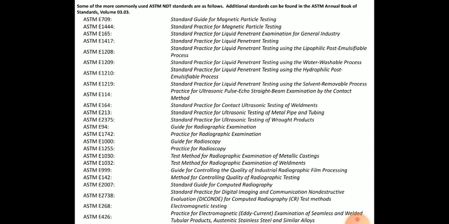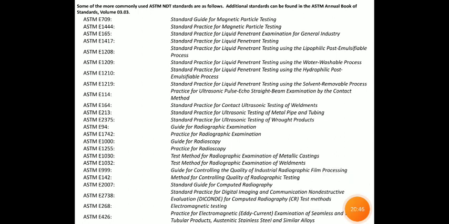And next is ASTM E1219, the standard practice for liquid penetrant testing using the solvent removable process, then the practice for ultrasonic pulse echo straight beam examination by the contact method. And then ASTM E164, the standard practice for contact ultrasonic testing of weldments. Then ASTM E213, ultrasonic testing for metal pipe and tubing systems.